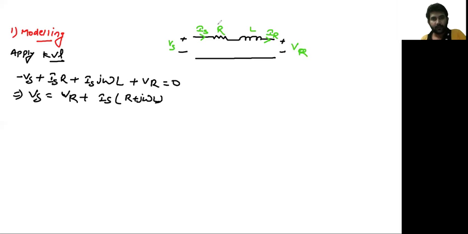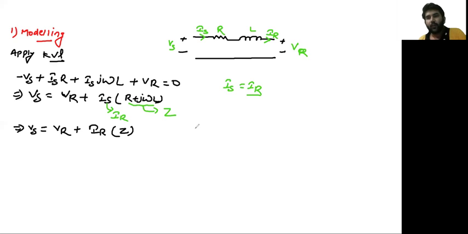So this thing here can be written as Z, and Is is also equal to IR, as you can see here. Let's modify this equation now. Vs is equal to VR plus IR Z. Now we all know the basics of ABCD parameters.